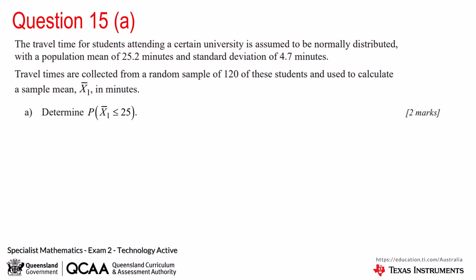So basically, if we know that a random variable has a normal distribution and that we know mu and sigma, then we also know the distribution of the sample mean.